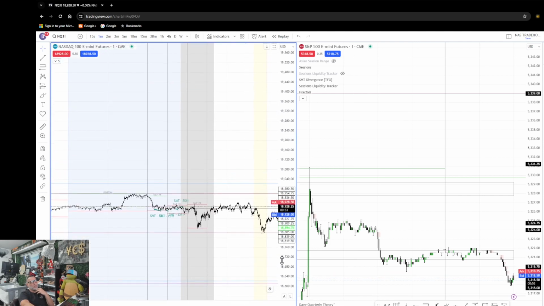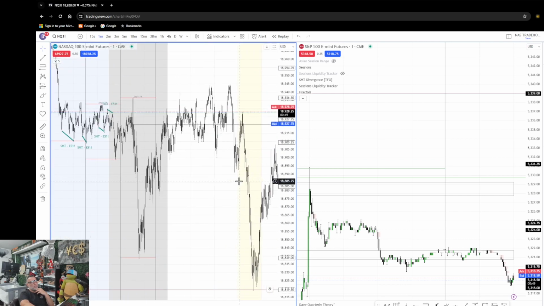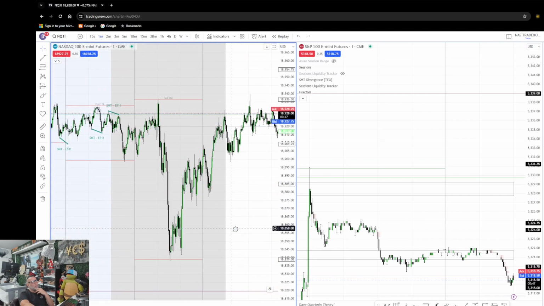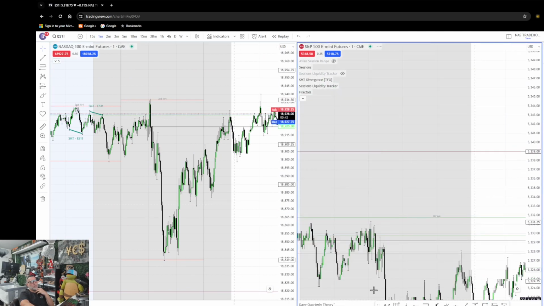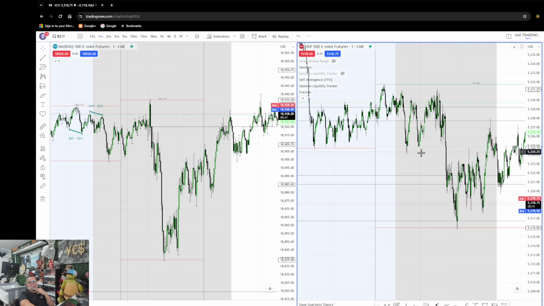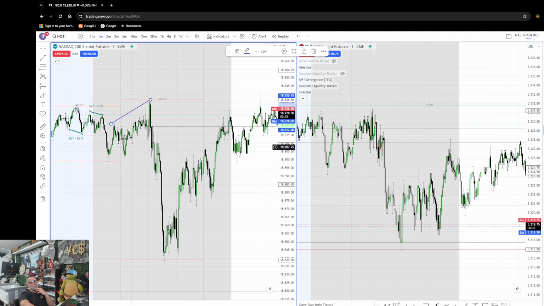Where are we today? Here we are. Looking at today, the way price played out on the minute, you had divergence. Is it this one?